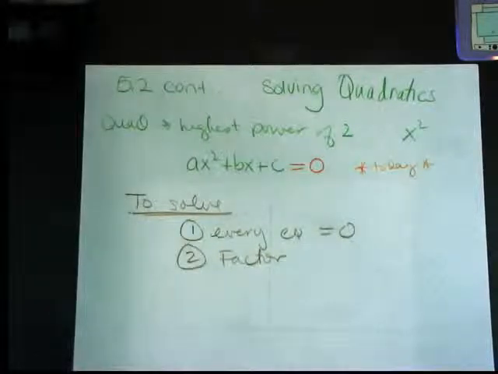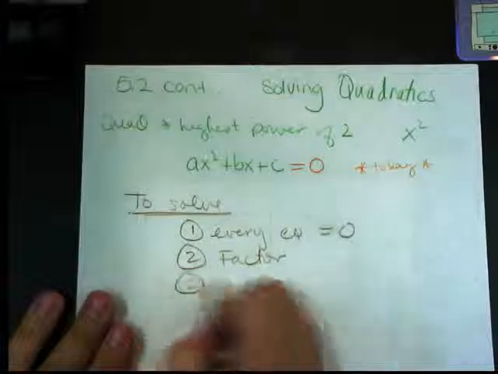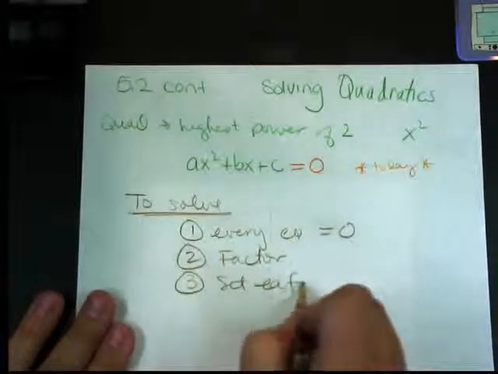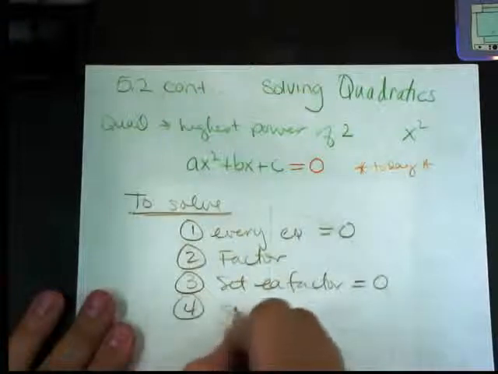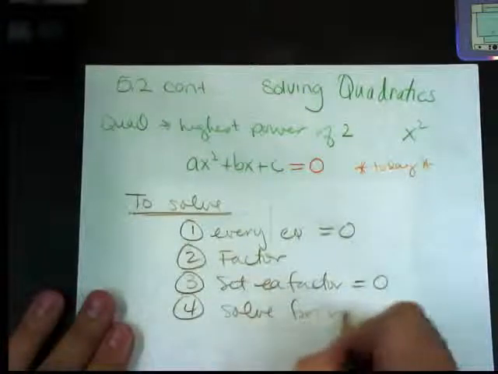So binomial, trinomial, with a leading coefficient, no leading coefficient, GCFs, all of that. Then we're going to set each factor equal to 0, and we're going to solve for the variable given.